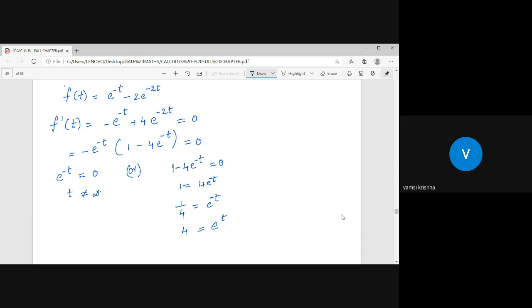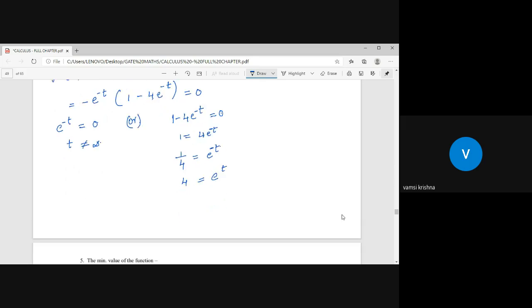Now you can apply the logarithm definition, that is e power t is equals to 4. It means log 4 to the base e is equals to t.